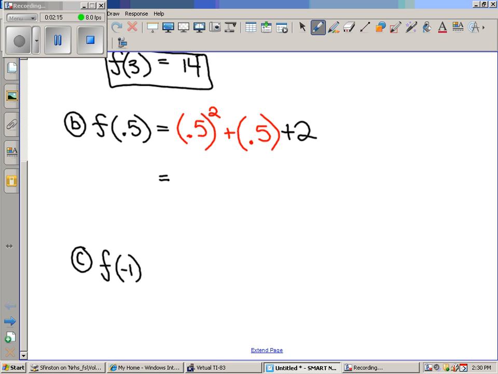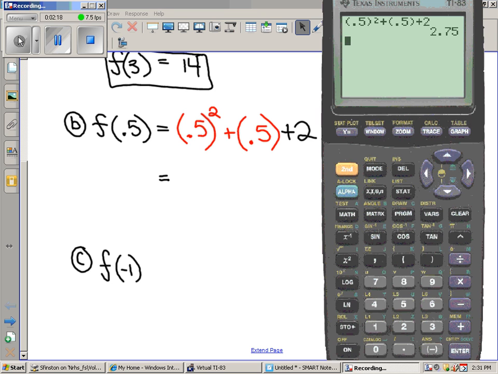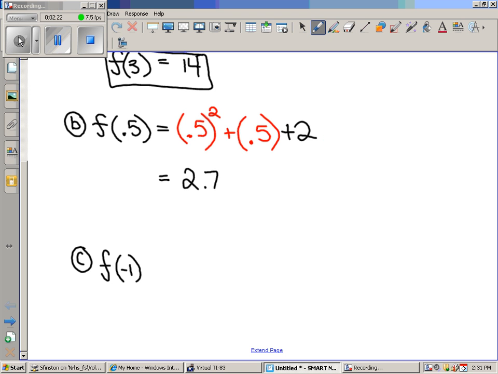So if you plug it in, look what you get. You just get 2.75. And so we say f at 0.5 is 2.75.